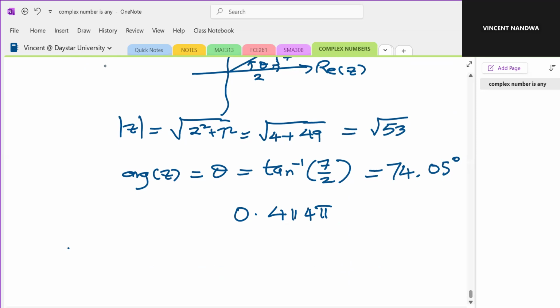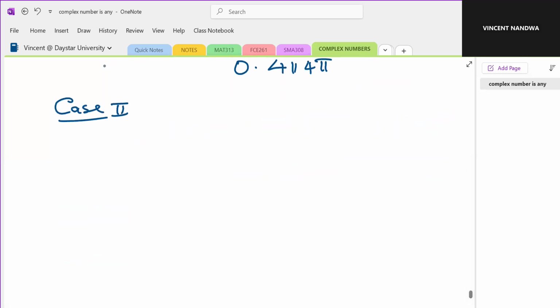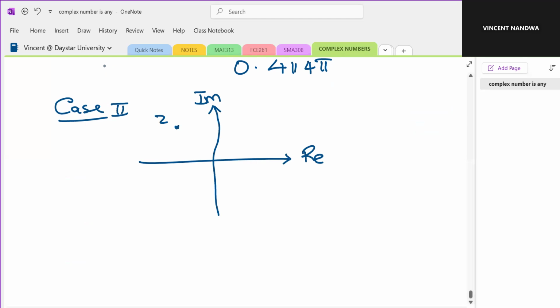Then case 2. If you have this as your complex plane, and the number is in this quadrant, Z is here.